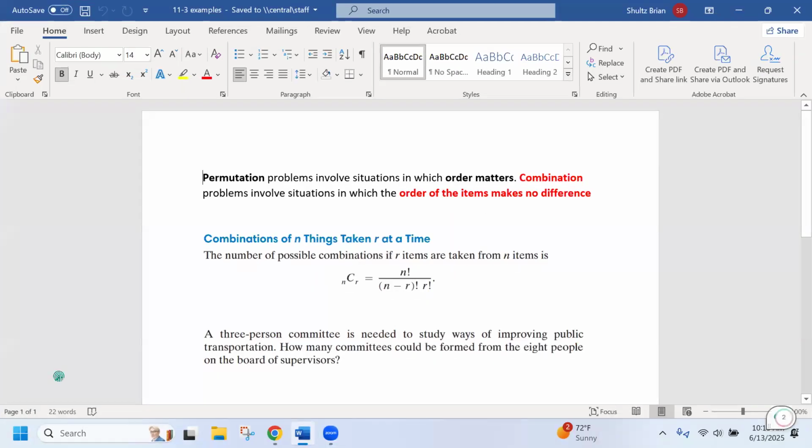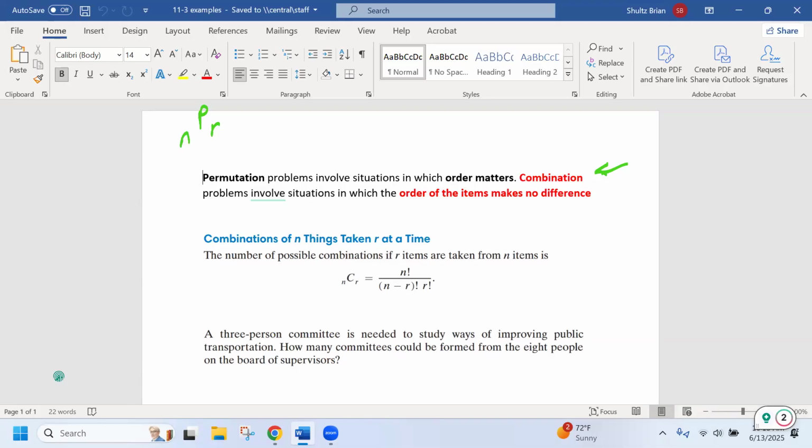Today we're talking about what's known as combinations, and that's why this is in red right here. And in green, permutations is what we did in 11-2. It was written with an N, a P, and an R, where you would have 10 things and you are choosing 3 of them.